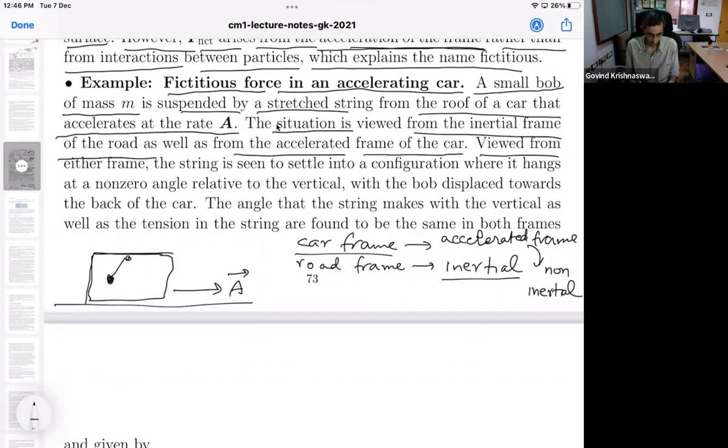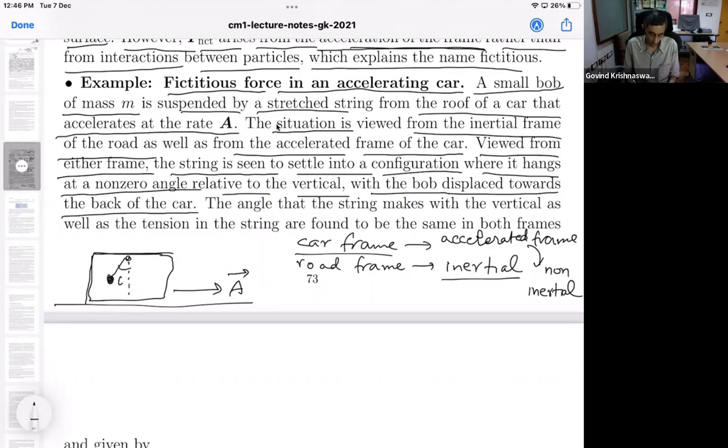Viewed from either frame, what is experimentally seen is that the string is seen to settle into a configuration where it hangs at a non-zero angle relative to the vertical, with the bob displaced towards the back of the car. So I hope this is reasonable. If you do it in a car, you will notice this.